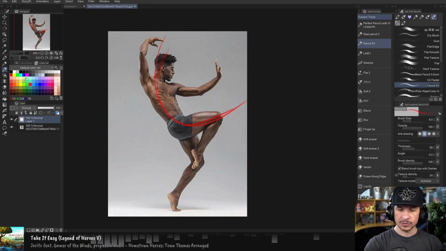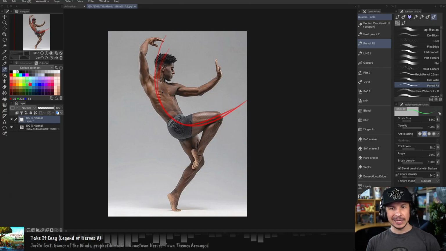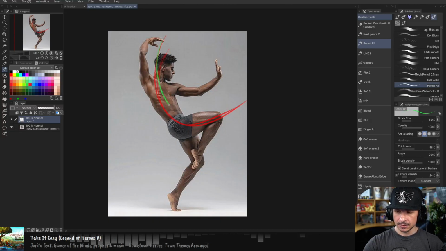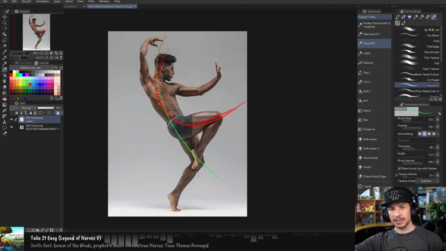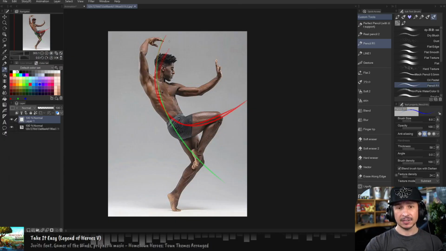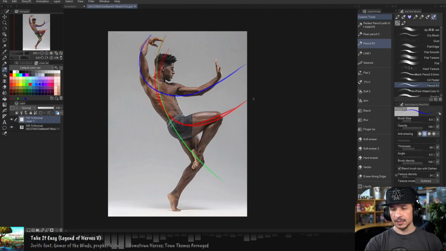So in this pose, we actually have 3 lines of action. The red here would be what I would consider the main line of action. The secondary line goes through here, down into the other leg. So we have another line of energy flowing through there. And then we have a tertiary line going through here.